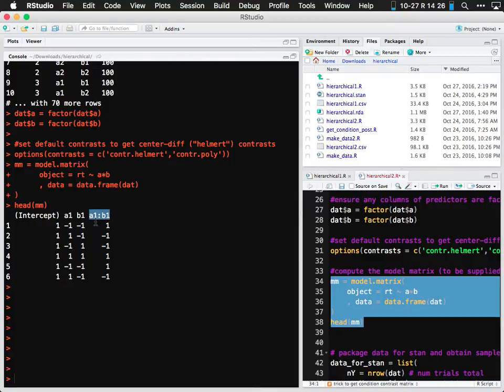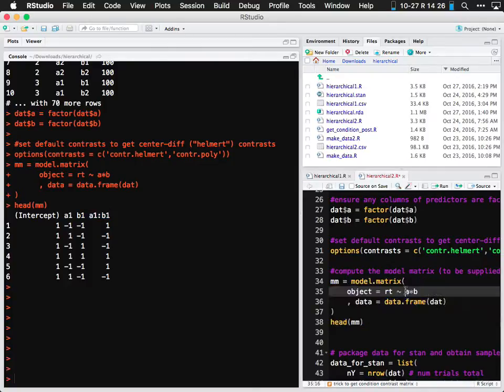Can you just repeat what the reaction time is... So that's calculating that interaction? Our model is going to want to predict reaction time as a function of A and B as predictors that can interact. That's what the times is.